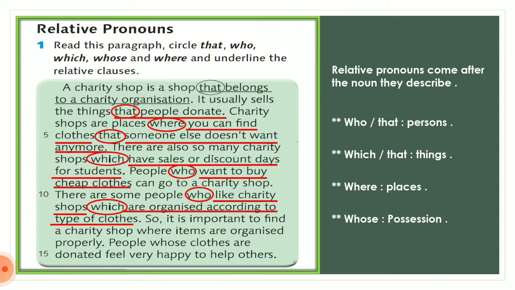So it is important to find a charity shop where items are organized properly. It's important to find these shops specifically, so that I can find the items in them organized in the right way. Properly means in a good way. So, grade 9, where is the relative pronoun and where items are organized properly is the relative clause.